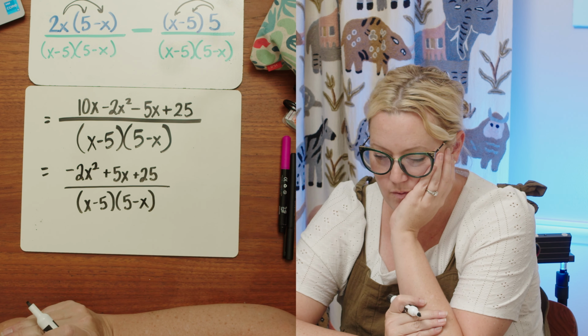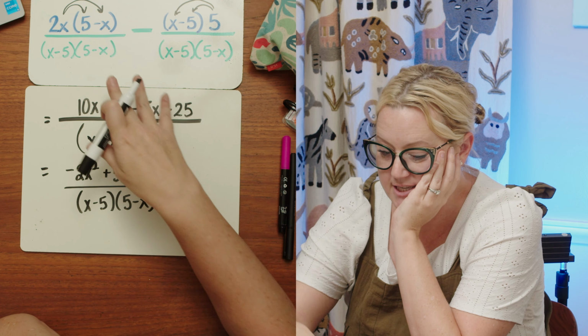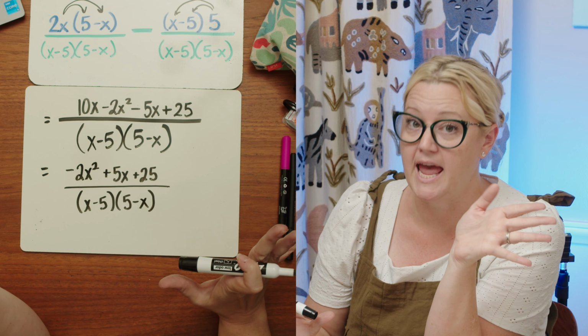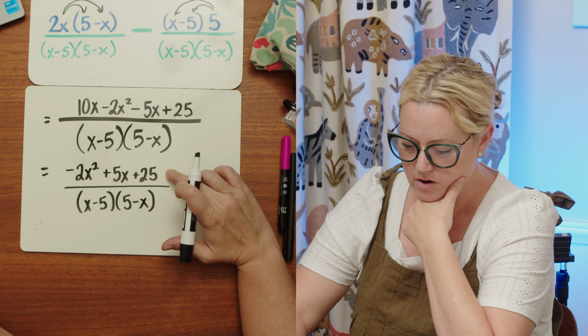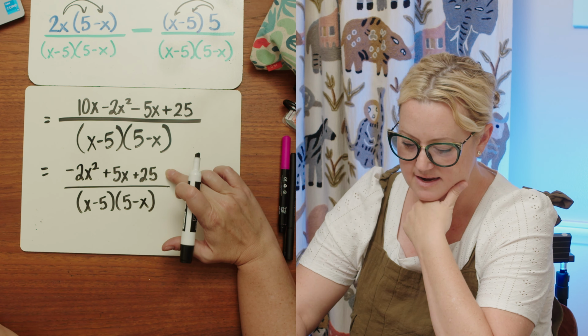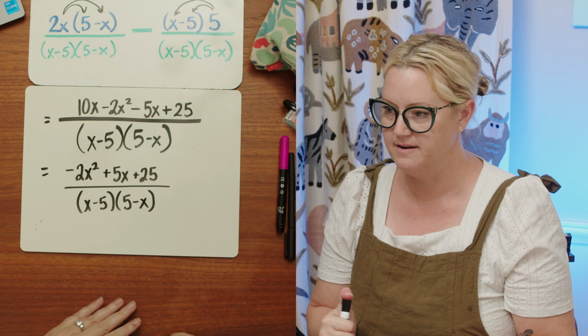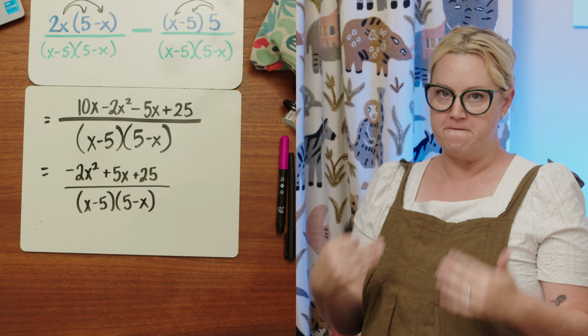So now we're in this situation. So far, it's been complicated, but it's nothing new. Now here, we want to look at this like negative 2x squared plus 5x plus 25. We always want to keep factoring.